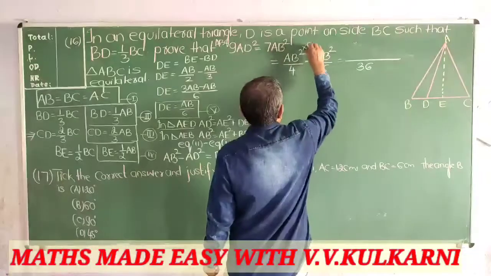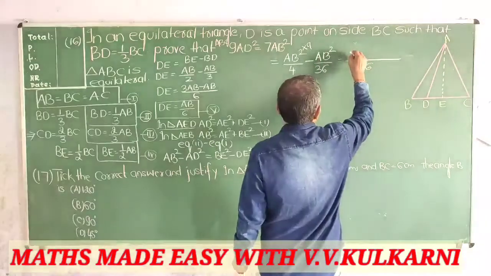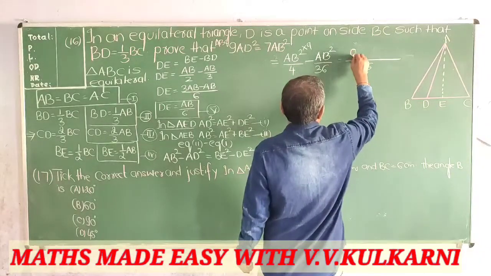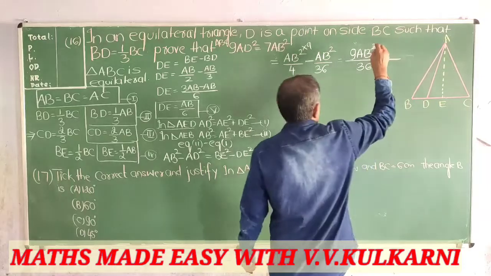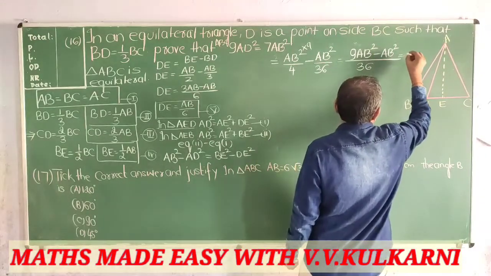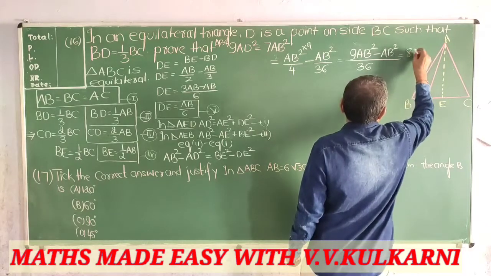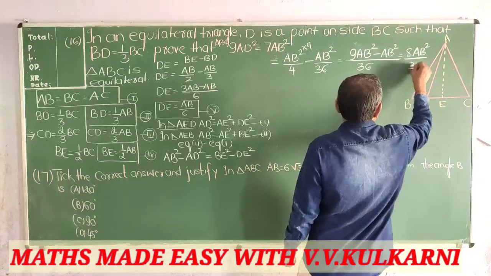4 9s are 36. So this will be equal to 9AB square minus 1AB square, that is 8AB square divided by 36.